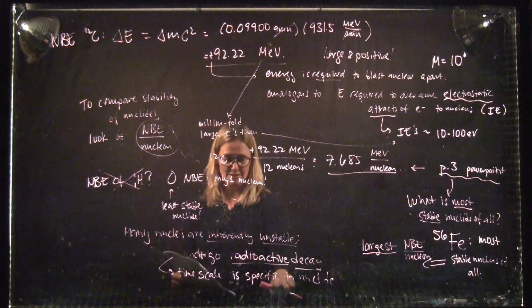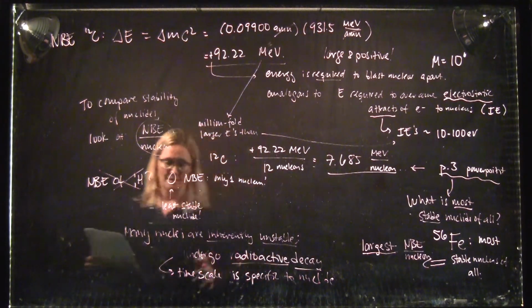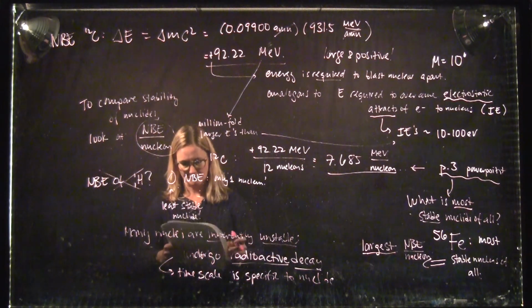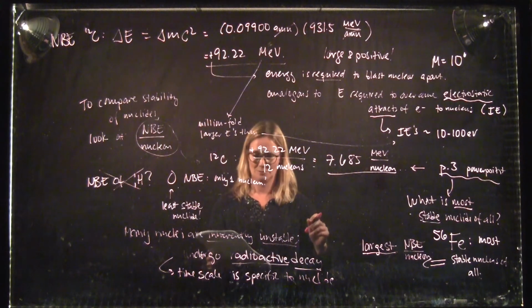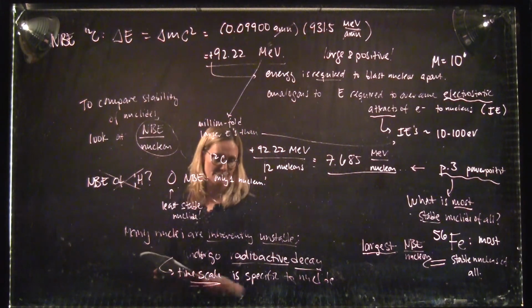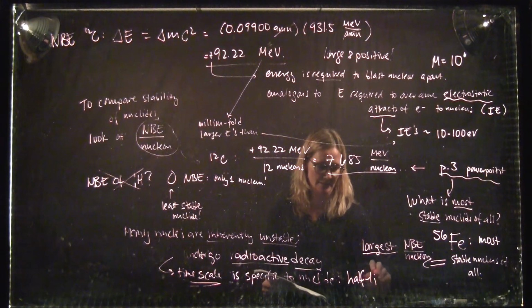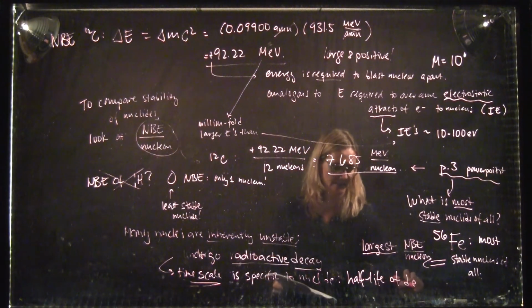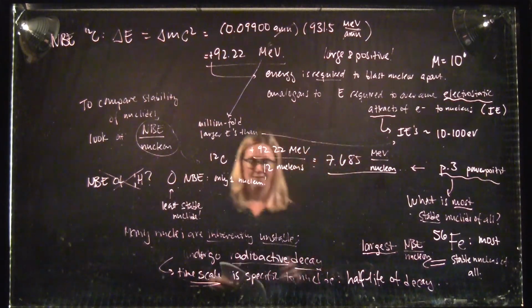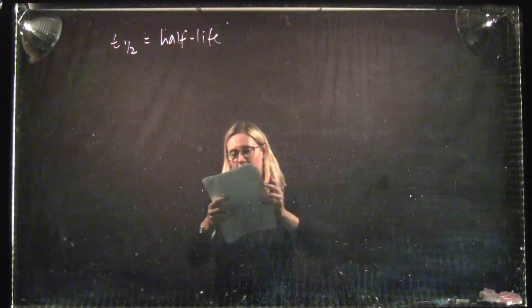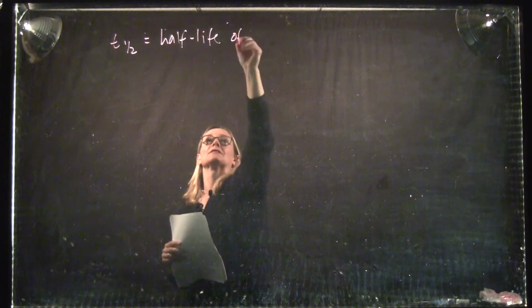And so the time scale of radioactive decay we can summarize as, I'm going to do one more erase and then we'll finish this. So the time scale is specific to the nuclide, and that is the half-life of decay. Okay, so T subscript 1/2 is how we designate the half-life of a nucleus.